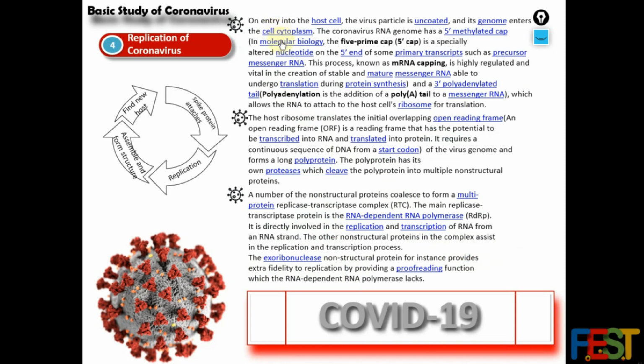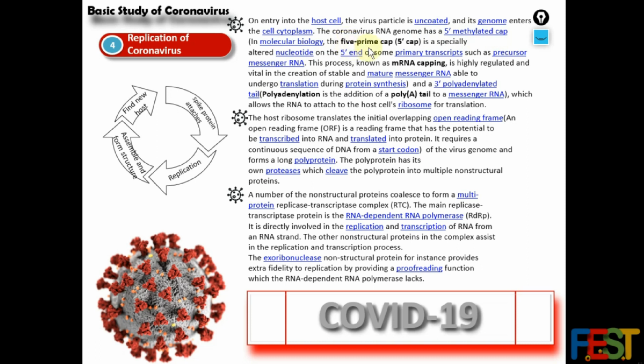On entry into the host cell, the virus particle is uncoated and the genome enters the cell cytoplasm. The coronavirus RNA genome has a 5 prime methylated cap.